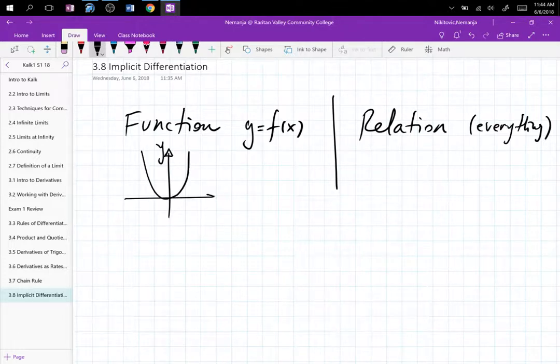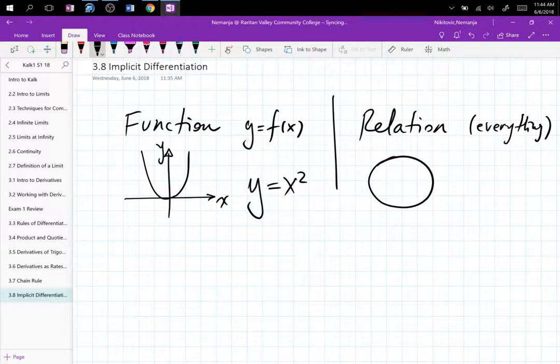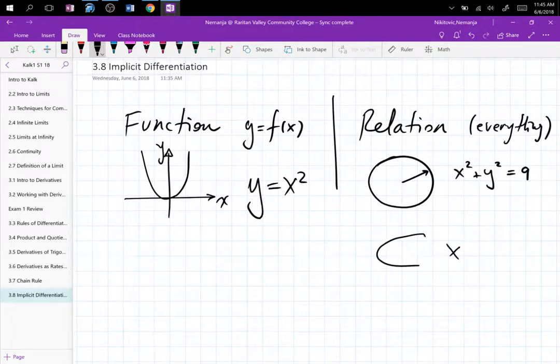It passes the vertical line test, everyone is happy, and we are able to write y equals x squared. On the other side, if I draw a circle, this would fail the vertical line test because the vertical line would cut it in at least two spots. And the equation for this, let's say x squared plus y squared equals 9, clearly has y squared in it. Now you can also go with a sideways parabola, which is x equals y squared.